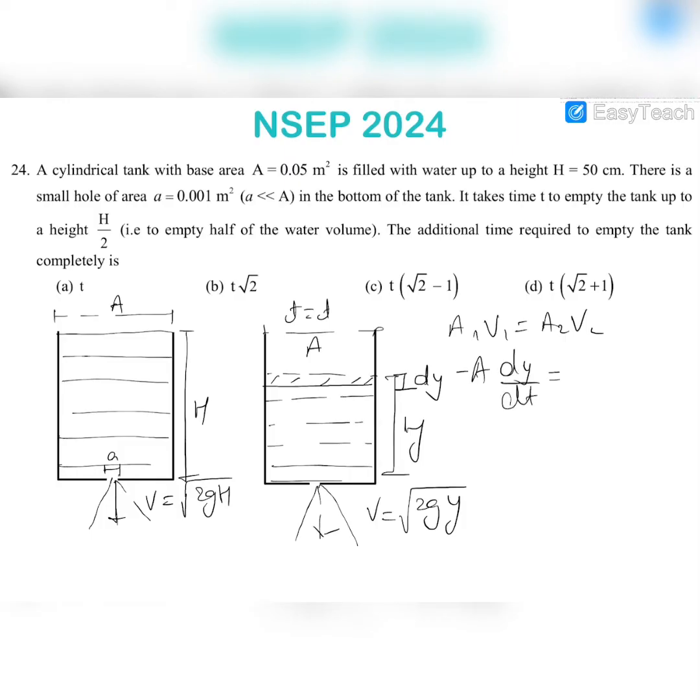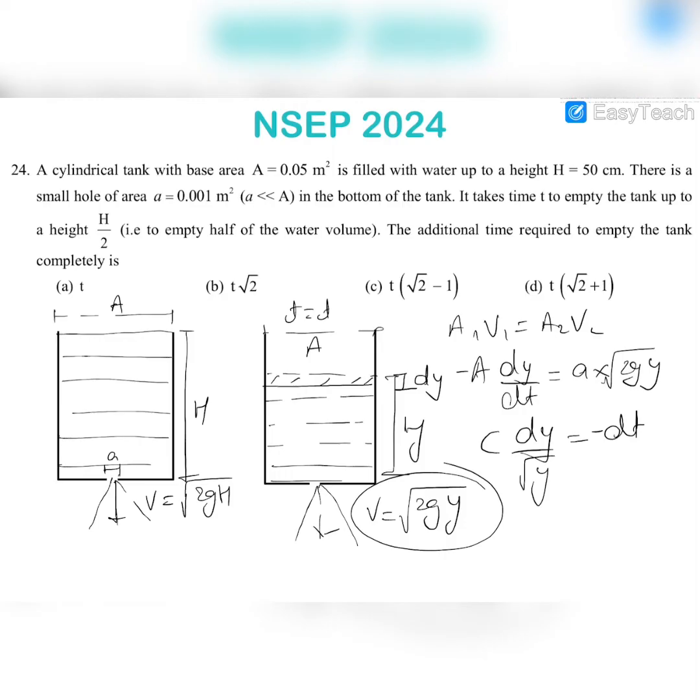This negative sign indicates the fact that y is decreasing, and this is equal to small a into v2, which is root 2gy. So let us integrate it. So dy upon root y will be equal to dt with a negative sign, and let us use all the other terms in C as a constant.